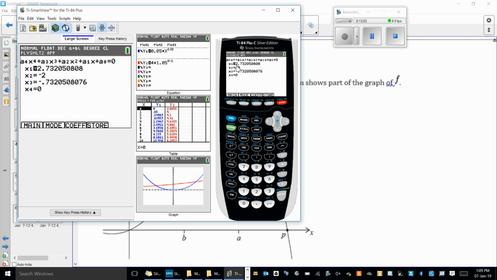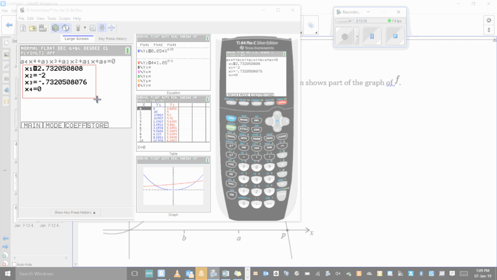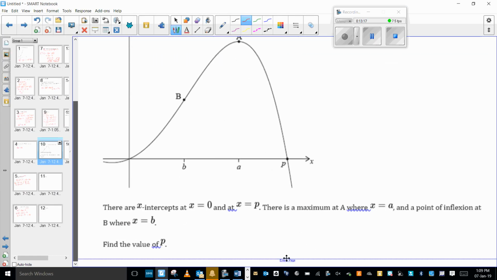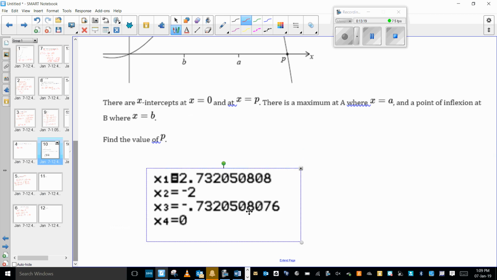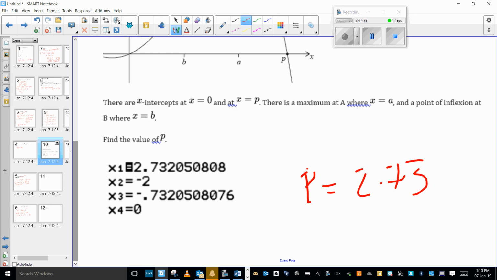So it's at 2.73, and let me snip this because that's easier. Here are my solutions. Obviously, they've only shown us the positive x-axis. One of them was 0, which they told us, so the other one must be p, so p must be 2.73 to 3 sig fig.